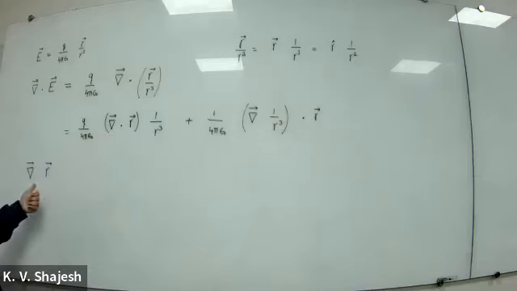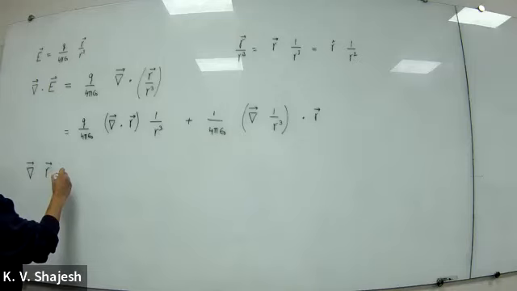It could have been a cross or a dot, or I leave it vacant. When I put a dot, that's a scalar. If I put a cross, that's a vector. And now I'm not putting anything there. That's a dyadic, two vectors. Now it's a dyadic, and I want to evaluate that.